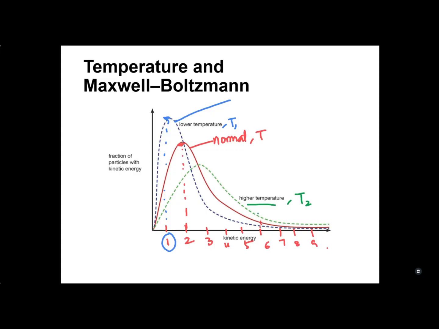So as the kinetic energy increases, the amount of particles having 3 or 6 kinetic energy will increase, and they will be the highest over here. If you look at the 3, they are the highest, so the highest number of particles fall in that category. Are you guys understanding that?